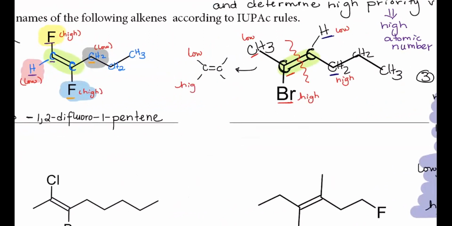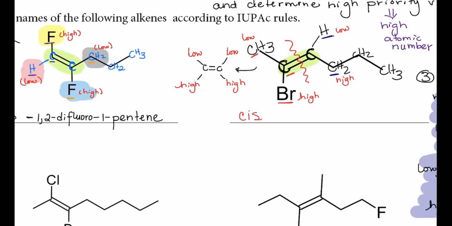Here I have a high priority group. On the other side, low priority group, high priority group. See how the lows and the highs are in the same direction. Yes, you add cis or trans in the beginning. So what would be the arrangement for that one? Cis or trans? Excellent, this is cis.